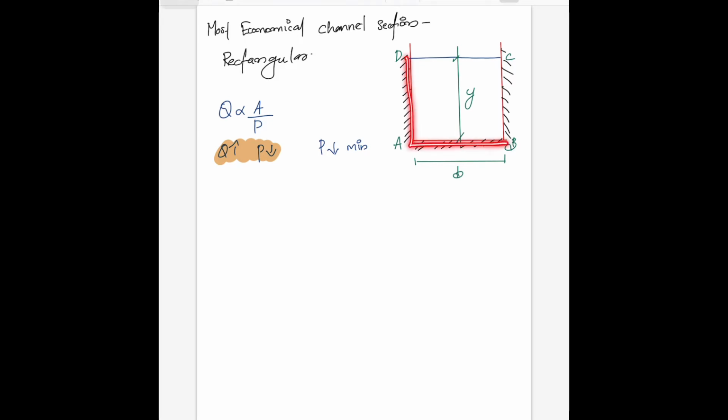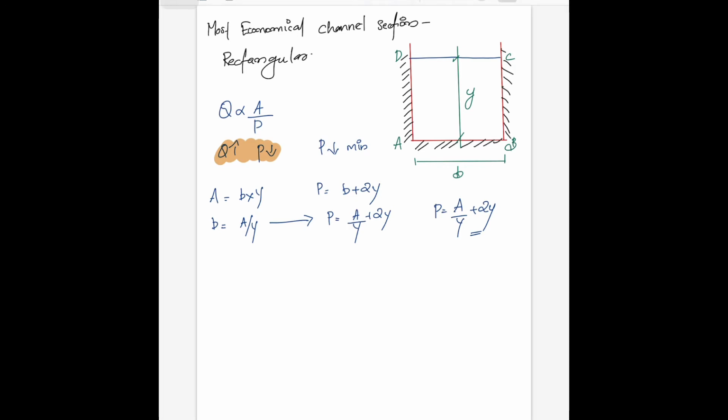Consider a rectangular channel ABCD with base width B and depth of flow Y. Wetted area is equal to B into Y. Wetted perimeter is equal to B plus 2Y. From here we can write B is equal to A by Y, and substituting that, we get perimeter equal to A by Y plus 2Y.